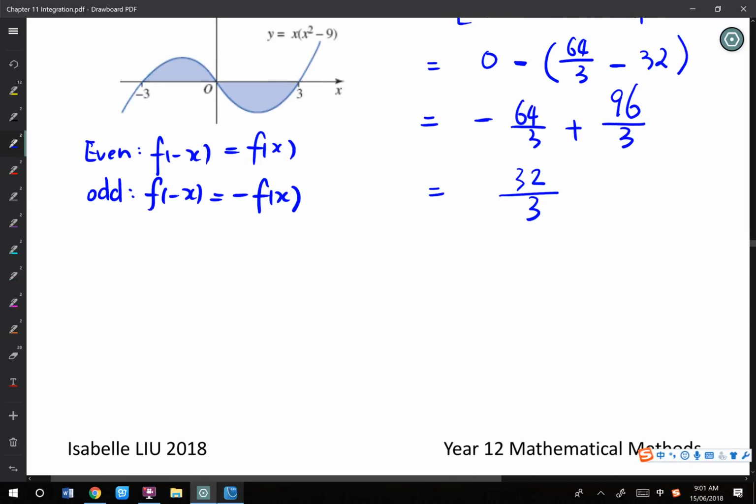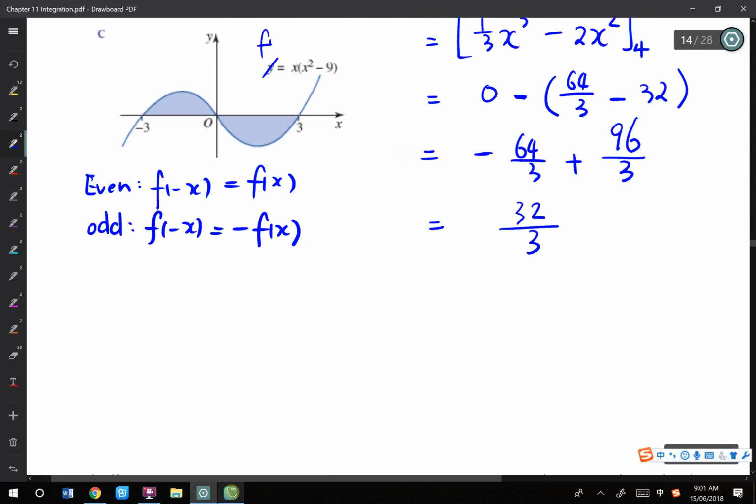So I will say this is f(x). Now I want to think about what f(-x) is. In this case, f(-x) equals negative x, squared, minus 9.